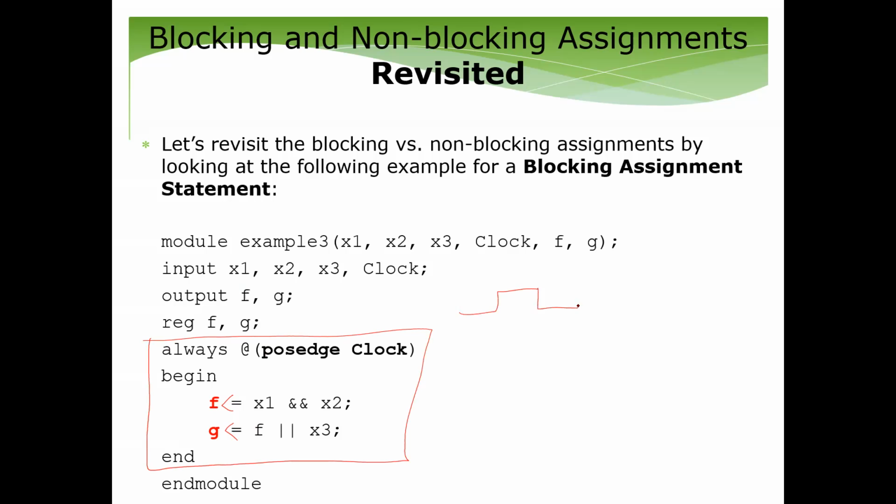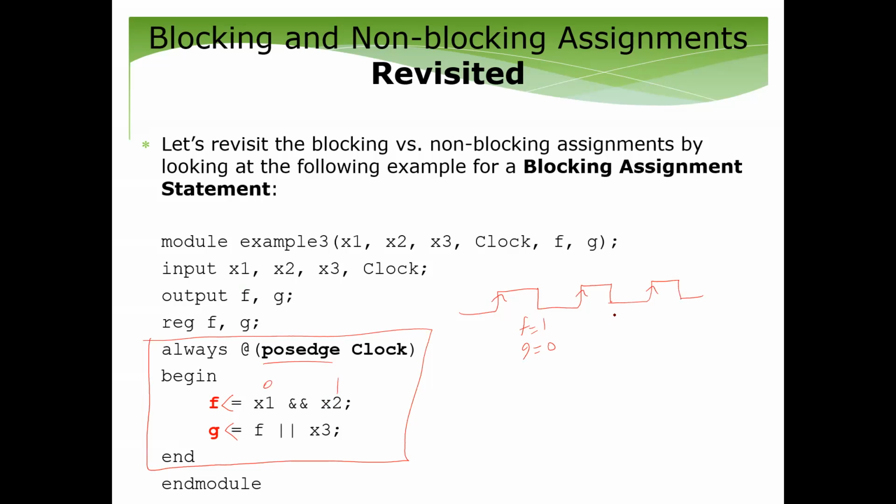If you have a clock this way, now what's in your sensitivity list? It's positive edge of clock. So at every positive edge, I will be evaluating f and g. For using non-blocking assignment, let's say after the first edge, the value of f is equal to 1, value of g is equal to 0. Now, for the next positive edge, when you calculate f, let's say x1 and x2 equal 0, 1.